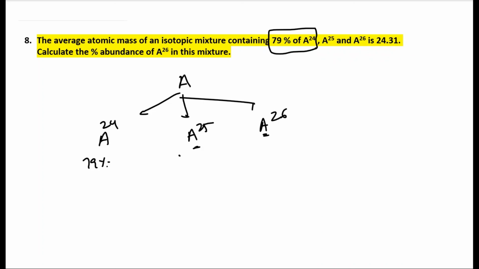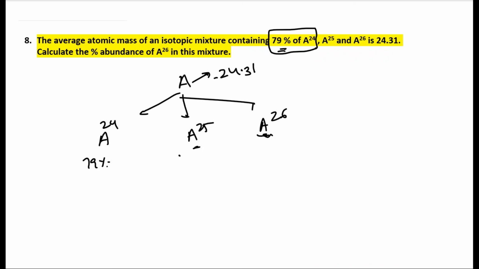The average atomic mass is 24.31. They are asking how much percentage is there. So this is the problem. You just observe this. First of all, if this is 79%, then what about the rest of the mixture?